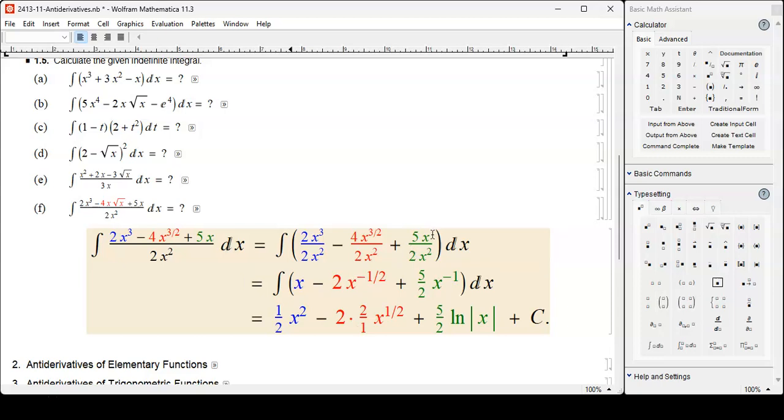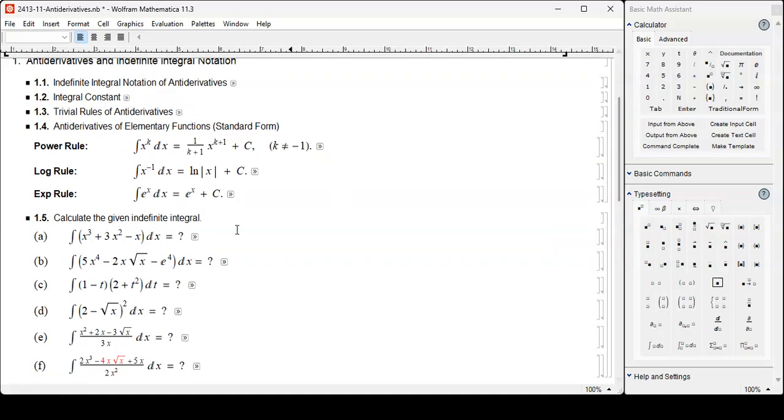Now here, first power divided by second power, so we are subtracting the power, 1 minus 2, so we get negative first power. And then negative first power, that'll give me the log function. So we had been using this one only, and for the first time, we just used this.